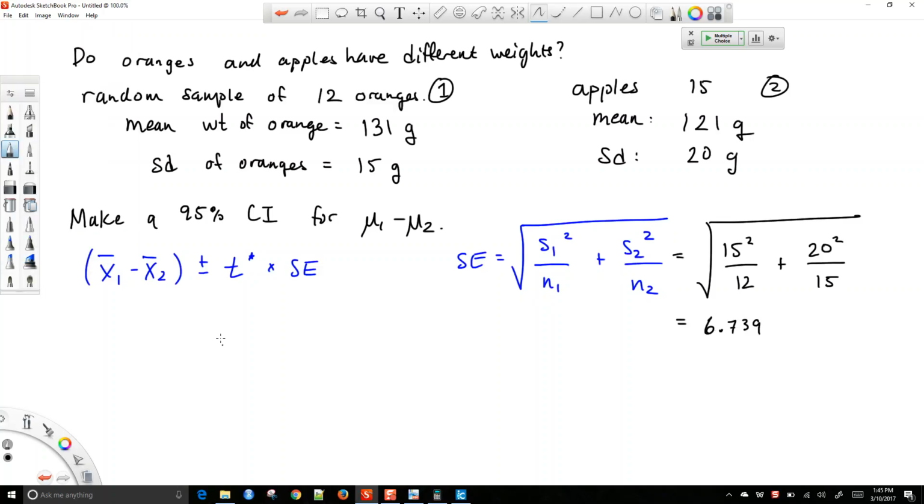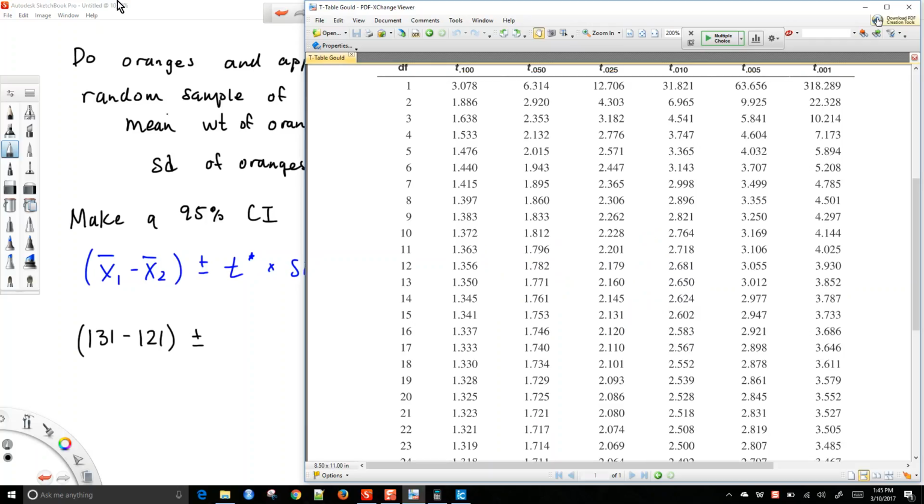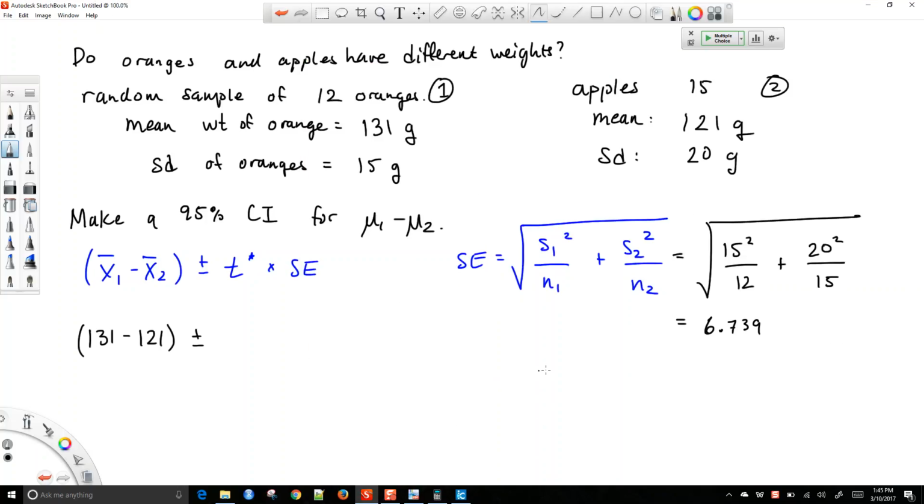Then we go 131 minus 121 plus or minus t star. For my t star, I've got two n's, so I'm going to do 12 minus 1, the smaller n. So I've got 11 degrees of freedom.